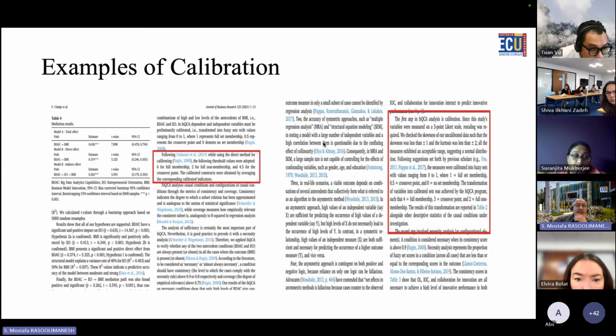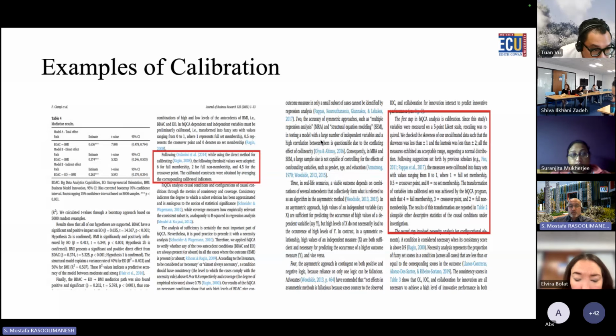There are some calibration methods to see how our original data can be rescaled and calibrated to fuzzy values between 0 and 1.